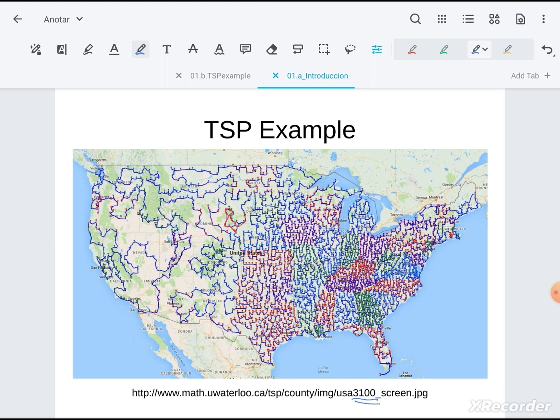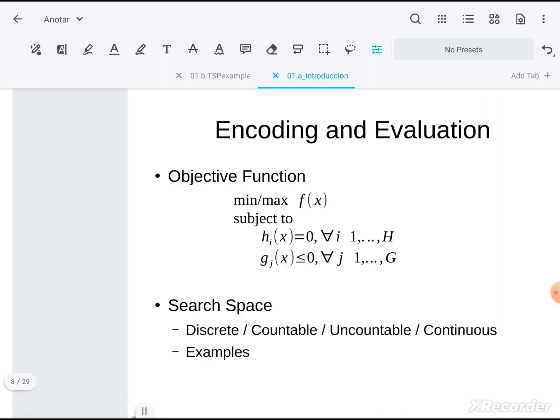Obtaining the optimal solution in this case is quite difficult because the number of potential solutions is 3,100 factorial, which is, well, I don't know, I think nobody can imagine such a high number.